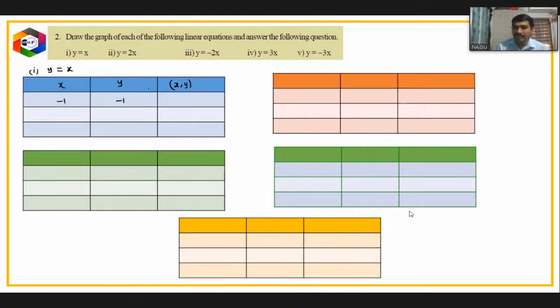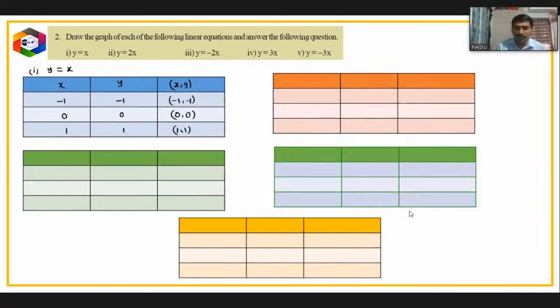Then x comma y is minus 1 comma minus 1. Now let us take x value 0. If you take x value 0, y is also 0. Now the point will be 0 comma 0. And if you take x value as plus 1, x and y are the same, therefore y will also be equal to 1. Then that point becomes 1 comma 1. Now for y equal to x, we got 3 solutions.